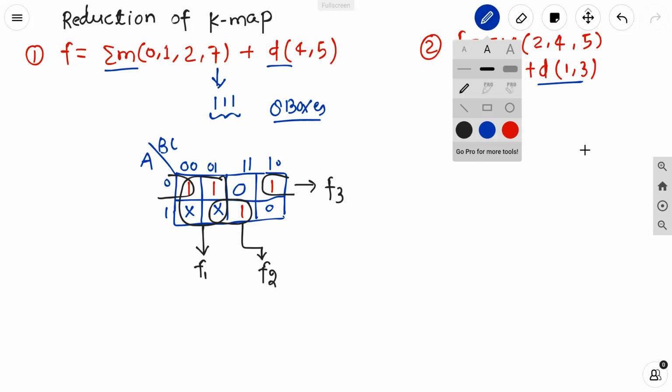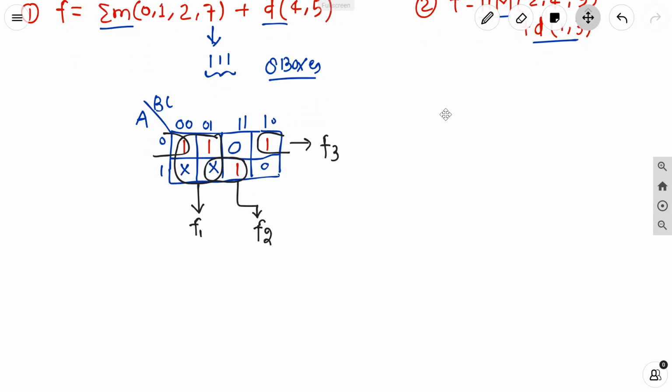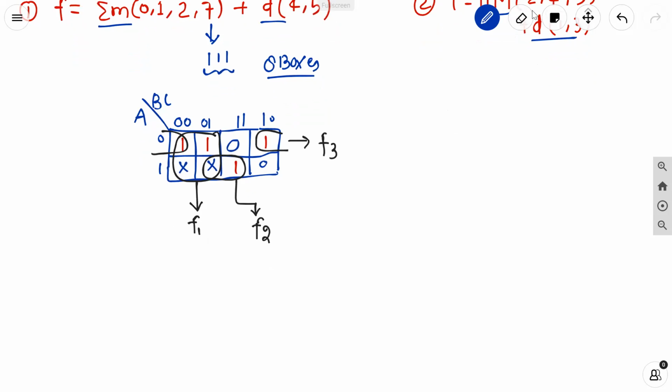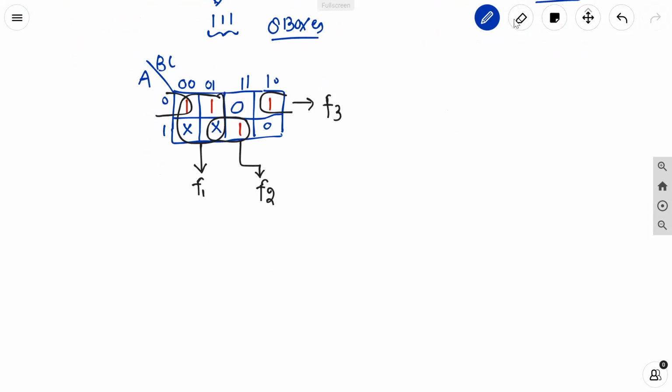So what is f1? For this particular quad, both rows are involved, meaning A is available in both forms, so don't take A. In these two columns, B is not changing while C is changing, so simply take B, but B is available in complement form.